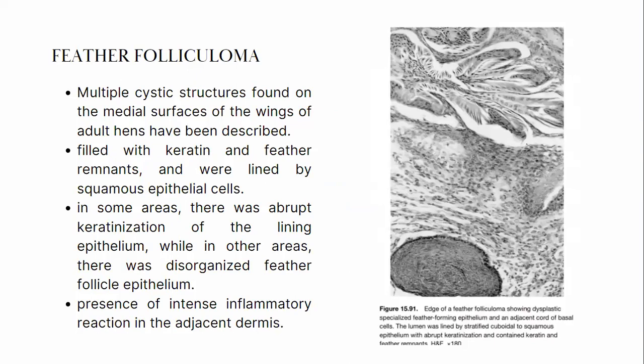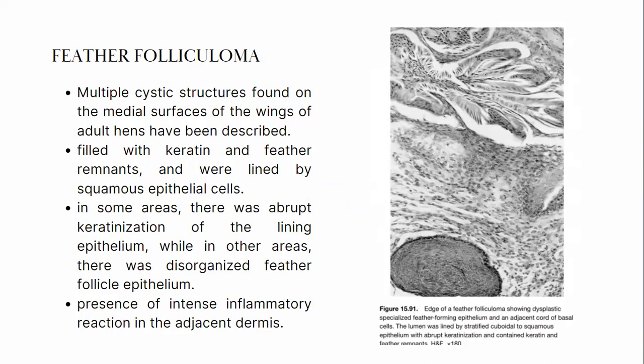Next is the feather folliculoma. Multiple cystic structures found on the medial pieces of the wings of the adult hens have been described. These cysts were filled with keratin and feather remnants. They were lined by squamous epithelial cells.